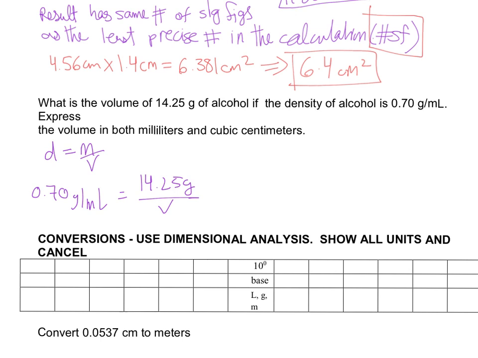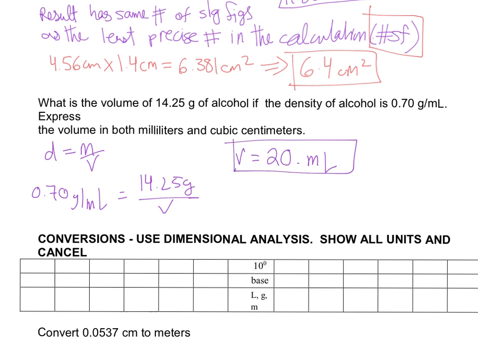So let's figure out how many sig figs we should have. This is division, so we go with the number of sig figs as opposed to the decimal place. And so this one has 2 sig figs, this one has 4 sig figs, so it should be 2 sig figs. So after you punch it in, you'd get the volume is 20 milliliters.